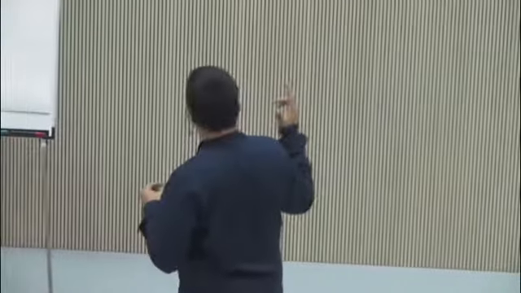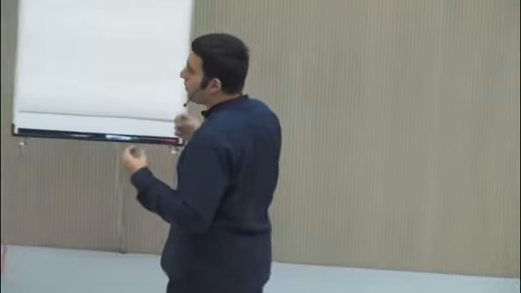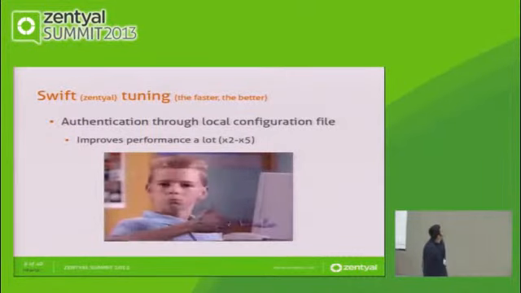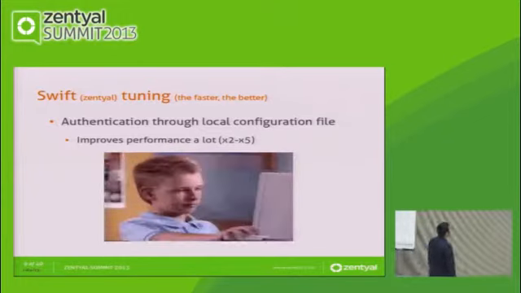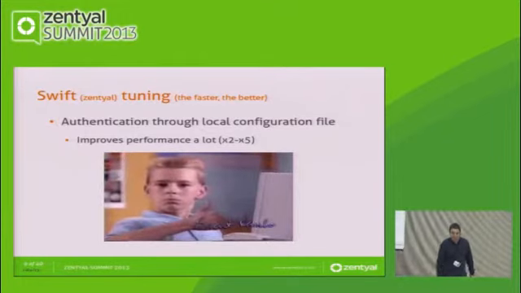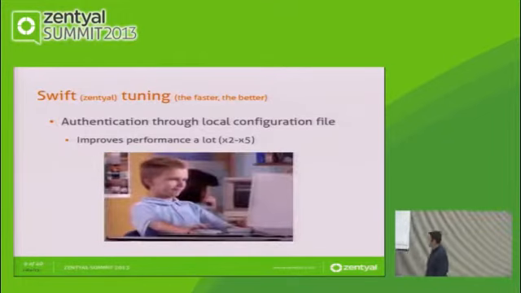We just need a user and a password, and this user and password will be only from Zentyal Cloud. So we said, okay, we are going to use a configuration file with one user and one password. And this made a great improvement. We improved the performance by 2 to 5 times, and it's faster. It's very nice.